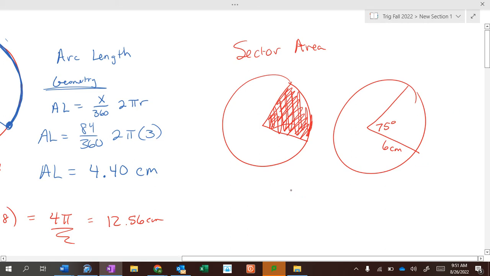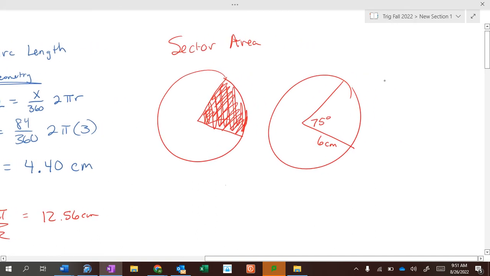Well, in geometry, it's like the last geometry formula we had. The sector area equals the central angle divided by 360 times the area of a circle, because this is a percentage of the circle. So we just take it times the area of the circle formula, which is pi r squared.